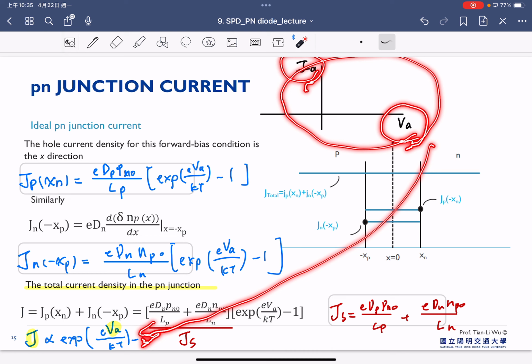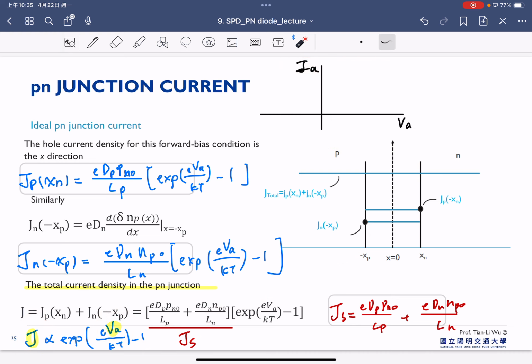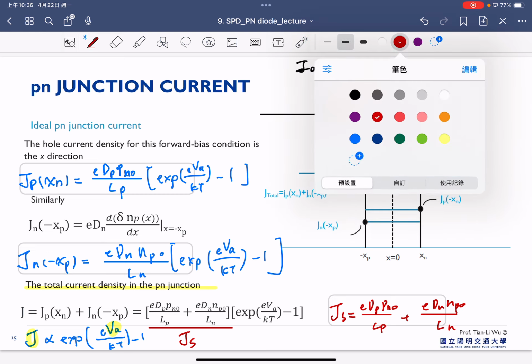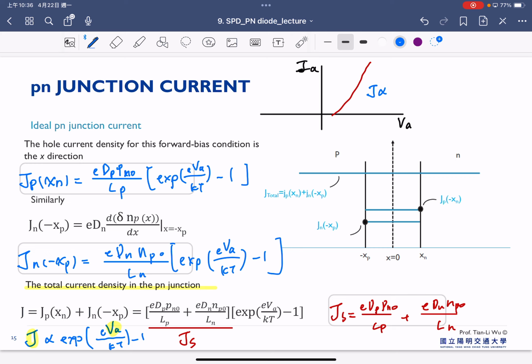And also we found out that the current is exponentially related to our bias. So that means our current should increase exponentially. That's why in the beginning I always drew it in this way, because this tells us that the current here is exponential, VA minus 1.